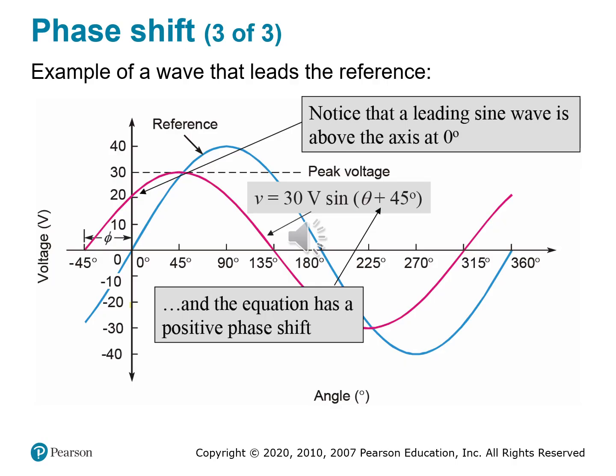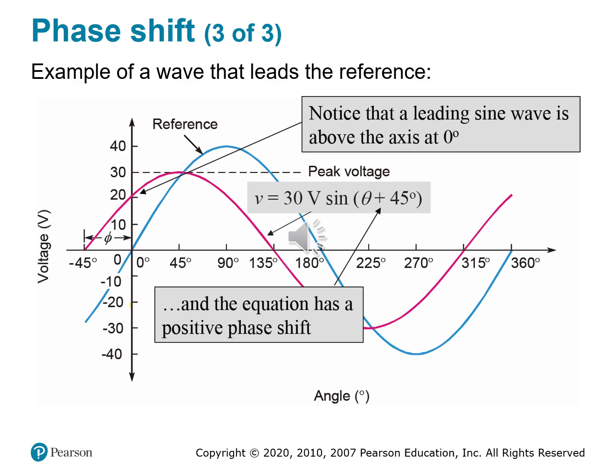All right, let's move to the other part of the phase shift. We're going to talk about a phase lead, when the wave gets ahead. So again, we've seen what it looks like when a sine wave lags behind a reference. Now let's flip that around. This time the wave is leading. Take a look at the graph. The blue wave is once again the reference waveform, and the magenta wave has a positive phase shift. That means it's reaching its key points sooner than the reference.